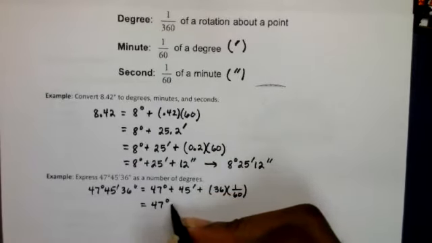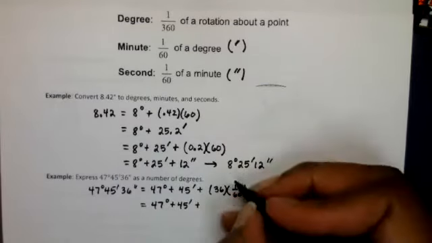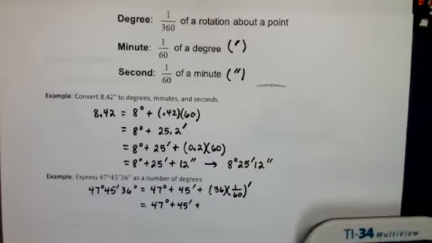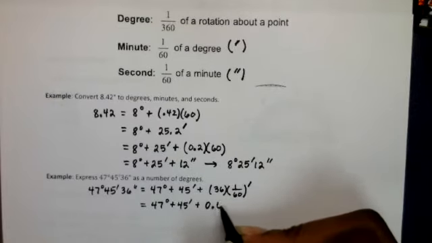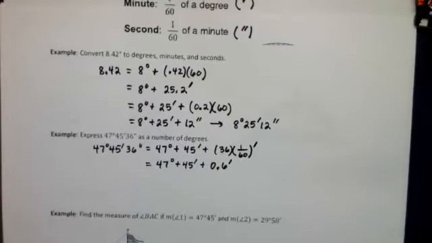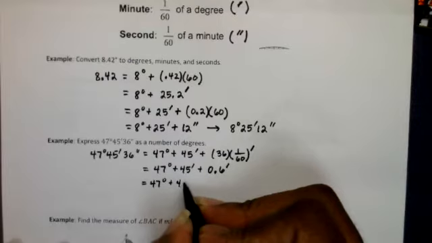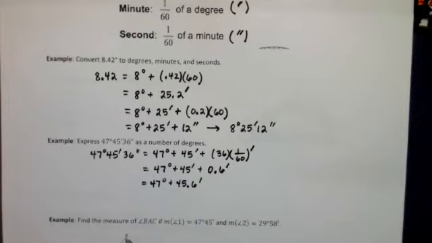So I'm going to bring down the 47 degrees, 45 minutes plus, and this is going to be in the form of a minute. So 36 divided by 60 would be 0.6. So this is actually 0.6 minutes. Now add that to the 45 minutes, you're going to get 47 degrees plus 45.6 minutes.